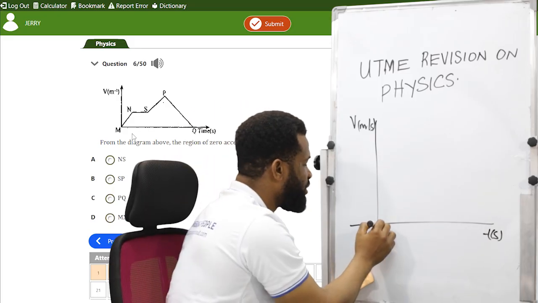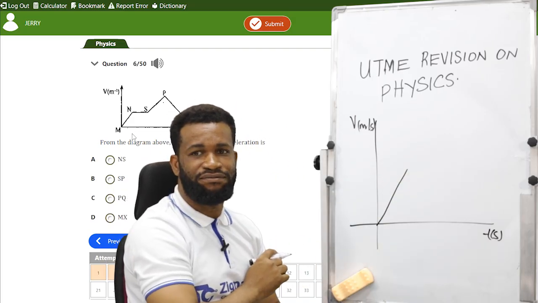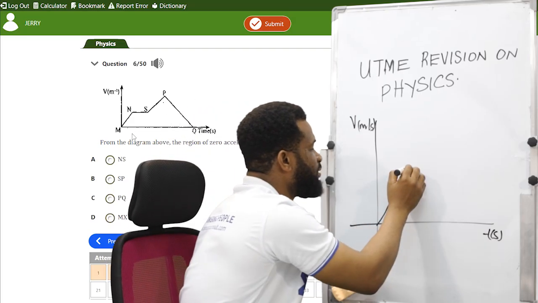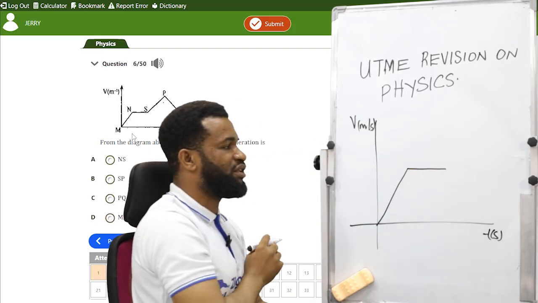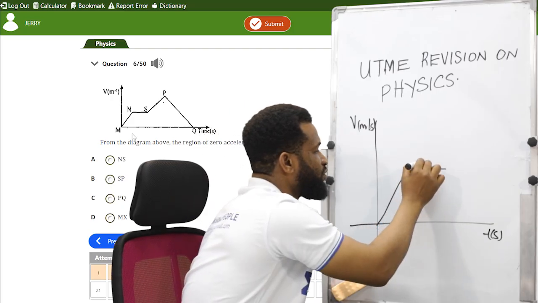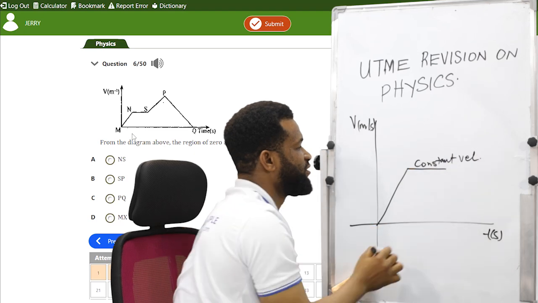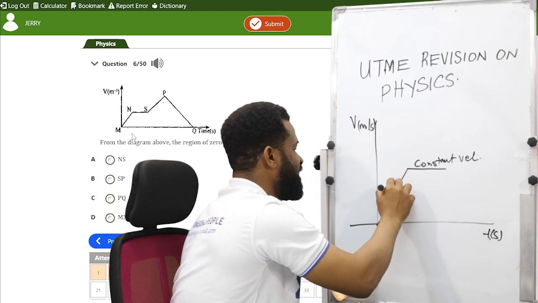Now, whenever a body is in this direction, we say that the body is accelerating. And whenever a body is in this direction, we say the body is at constant velocity. So this is constant velocity, and this is acceleration.